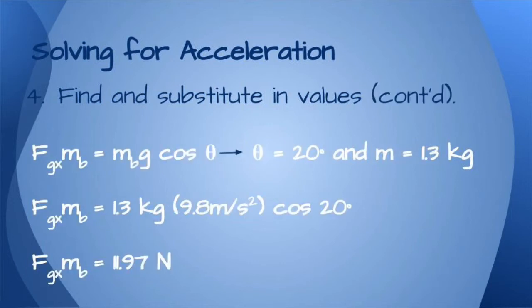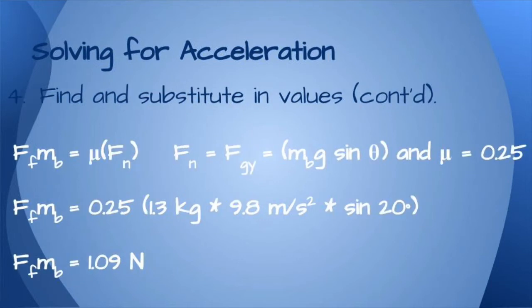So you can substitute values into the equation and get that Fgx times the mass of both equals the mass of both times gravity times cosine theta, and theta is given as 20 degrees, and we already know that the mass of both is 1.3 kilograms. And so the force of gravity x times the mass of both objects finally equals 11.97 newtons of force.